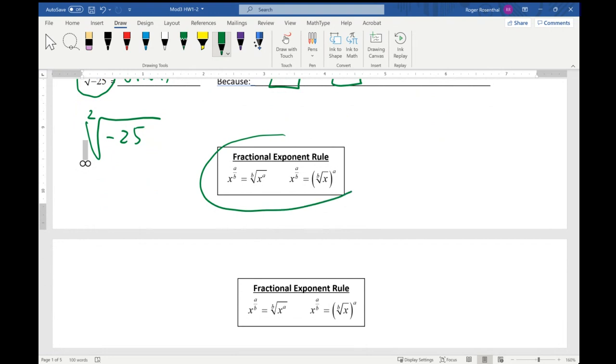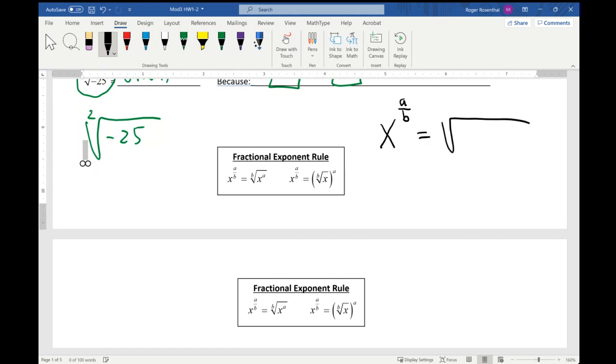Okay, there's a rule about fractional exponents. It turns out that a fractional exponent is secretly a radical, and there's 2 different ways to write it. In other words, if you have something raised to a fractional power, I call the numerator a and the denominator b, well, that is really a radical with an index of b.